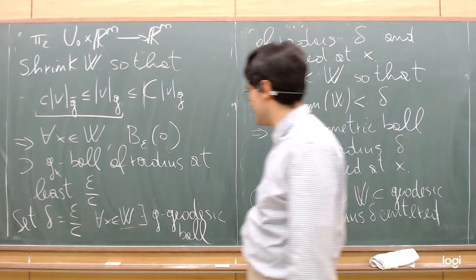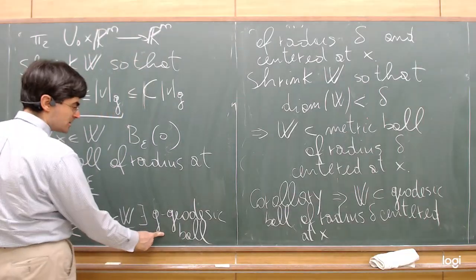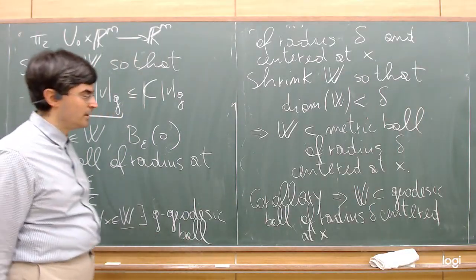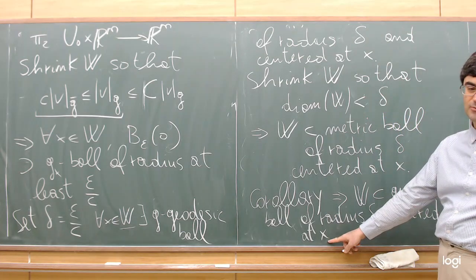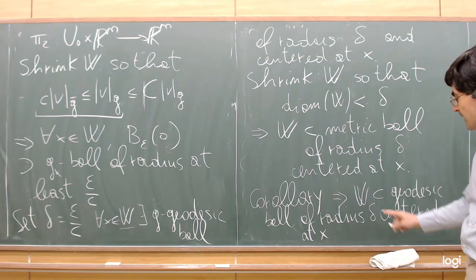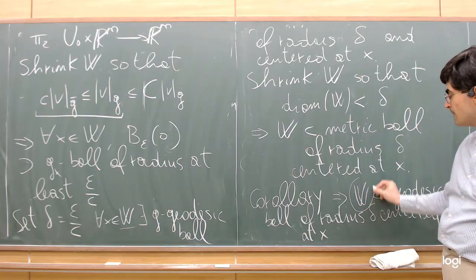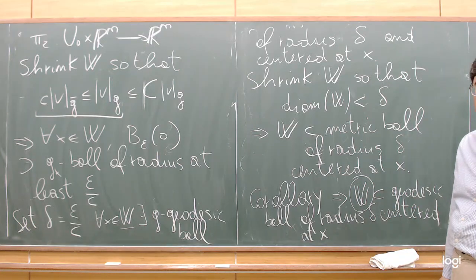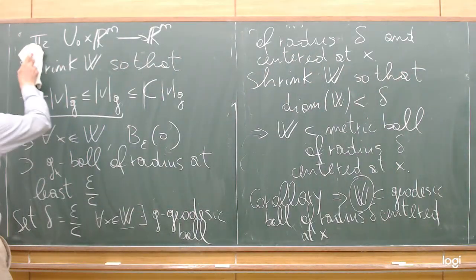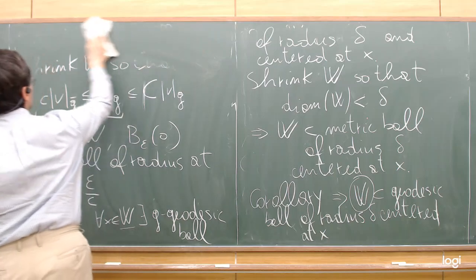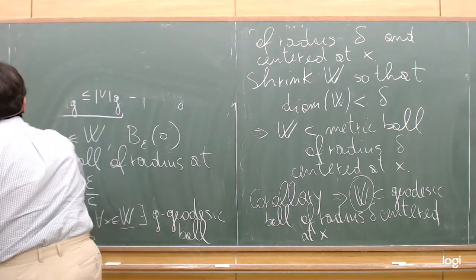We know that this ball exists because we proved it before, and from the fact that x is arbitrary, we have that W is the uniformly normal neighborhood we are looking for. And this is the end of the proof.